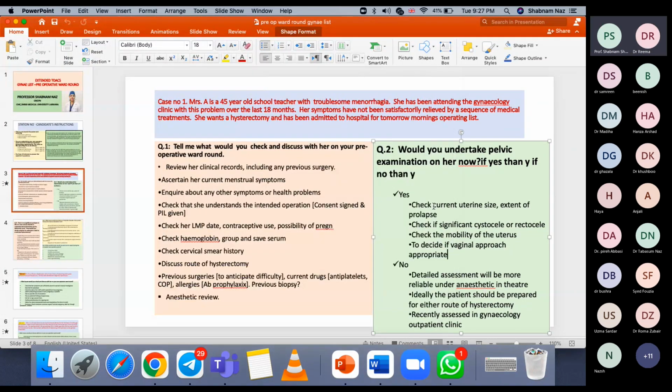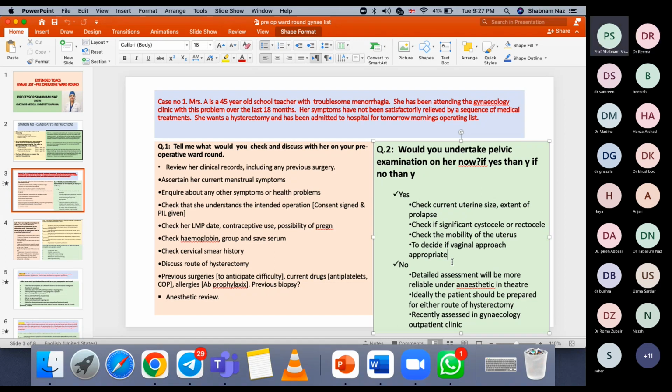Why? Because to check the current uterine size, extent of the prolapse, might be इसको prolapse हो, check significant cystocele or ectocele, check the mobility of the uterus, mobile है नहीं mobile है, to decide if vaginal approach is appropriate.